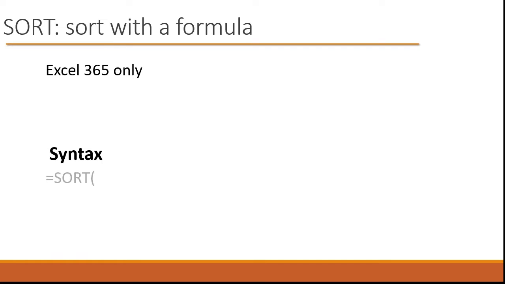And the way the syntax works is this. We say equal sort, open up the parenthesis, and we have two arguments. The first argument is the table range, meaning your whole data area. And the second argument is what field number, what column number, to sort by. That's really all there is to it, so let's go and do it.